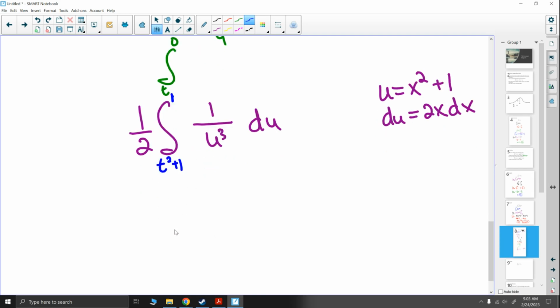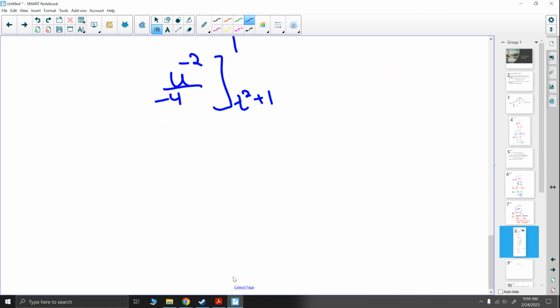So this would be again, u to the negative 2 over negative 4, from t squared plus 1 to 1. Okay, so that is to say we would be taking negative 1 over 4 times u squared from 1 and our t squared plus 1.